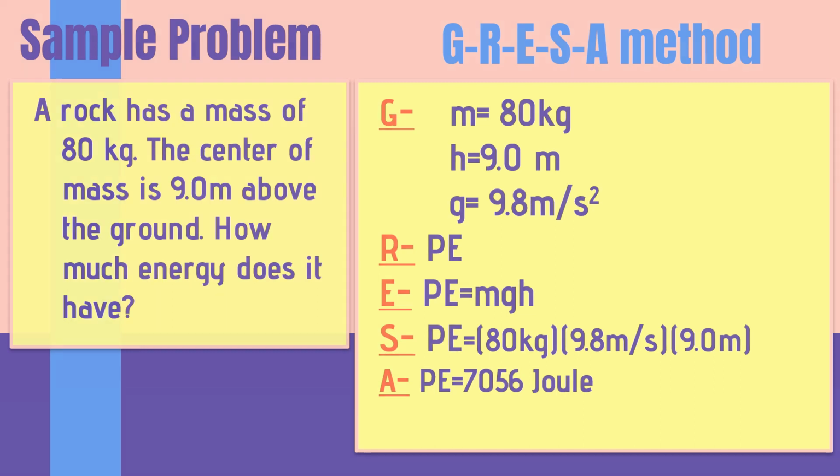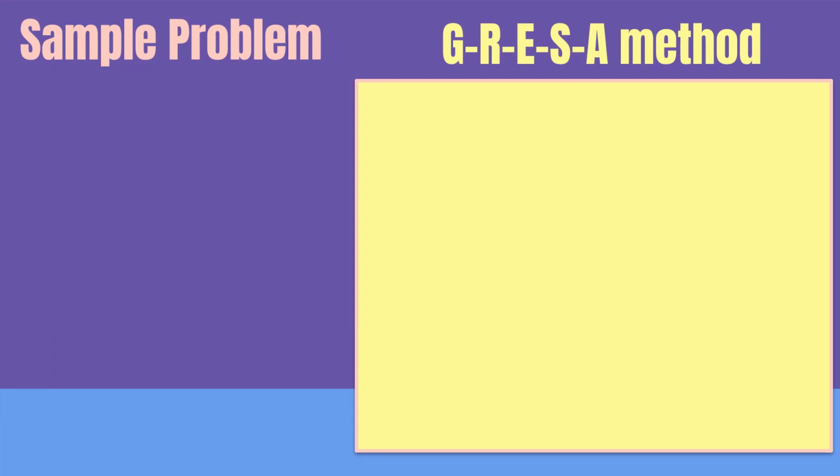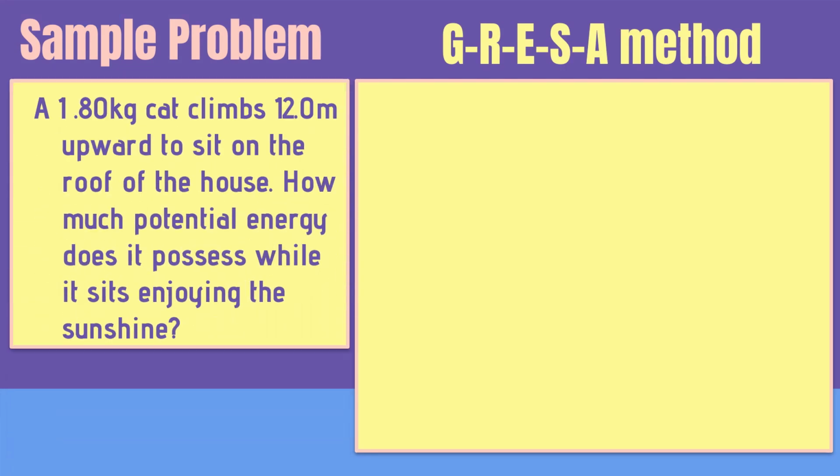Another example problem. The problem states that a 1.80 kilogram cat climbs 12 meters upward to sit on the roof of the house. How much potential energy does it possess while it sits enjoying the sun? In order for us to solve the problem, again we are going to use the GRESA method.